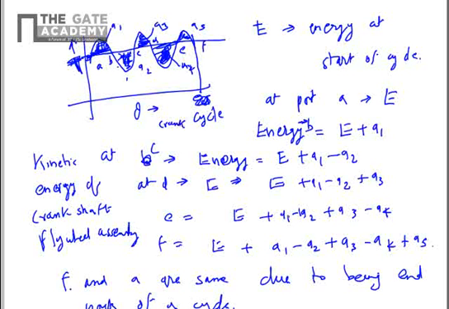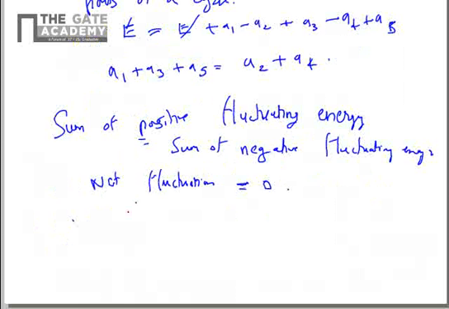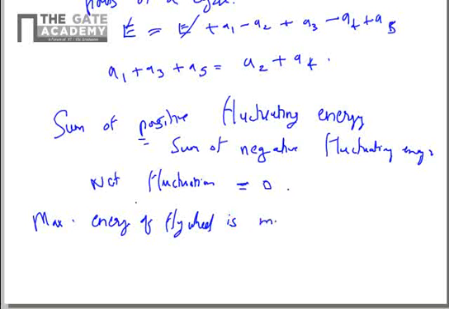So you can calculate the E at different points in the crank cycle, and you can get a maximum value. This maximum value of E, the maximum energy of the flywheel, is called the maximum KE point, and this is where the maximum speed of the crankshaft occurs.